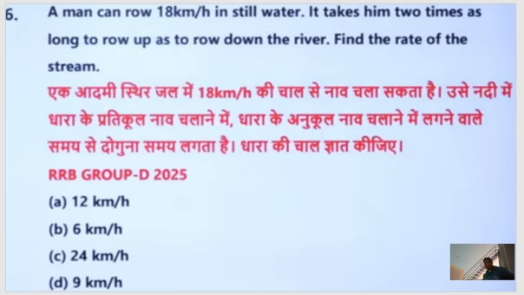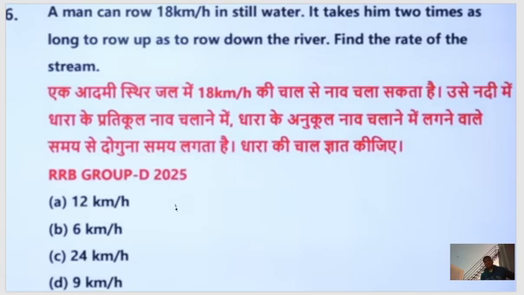Next question is, a man can row 18 km per hour in still water. It takes him 2 times as long to row up as to row down the river. So the time is given for upstream and downstream, and we have to find the rate of the stream.